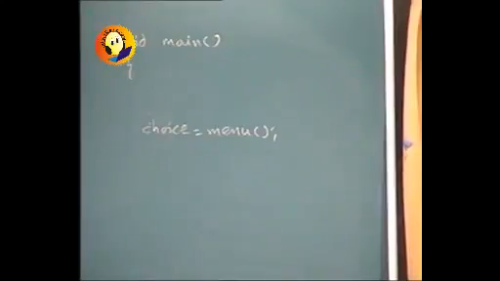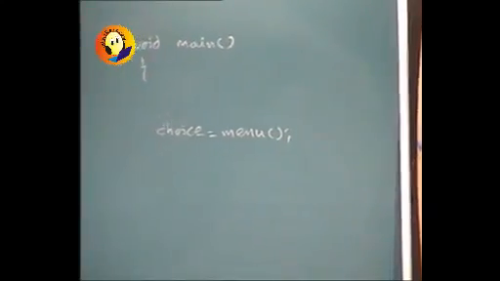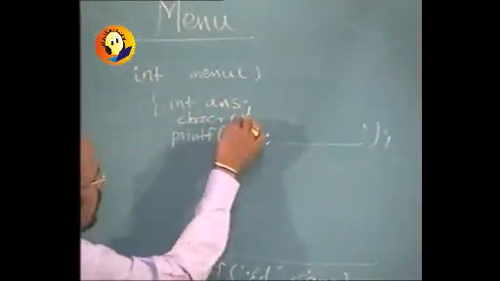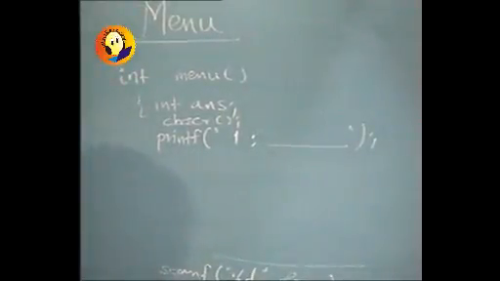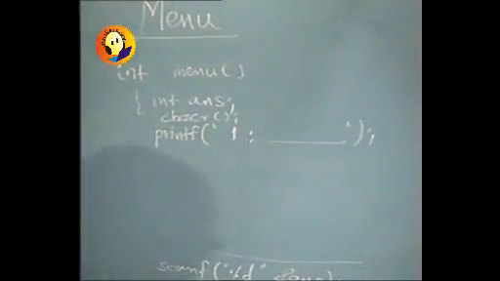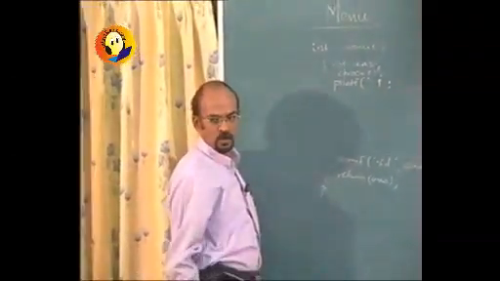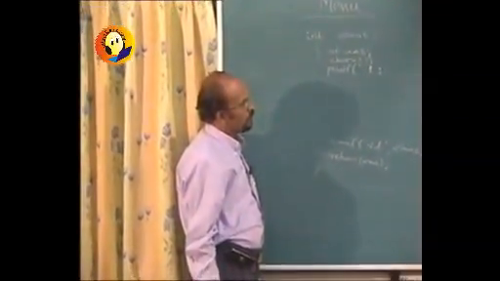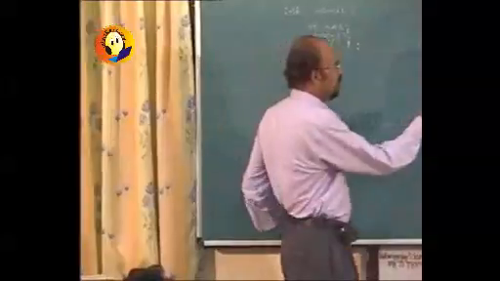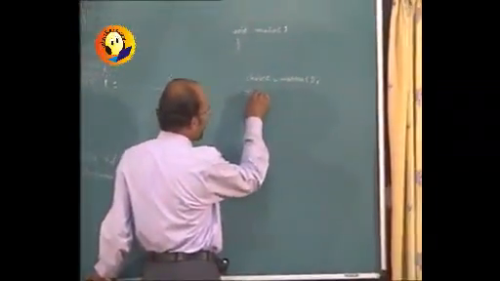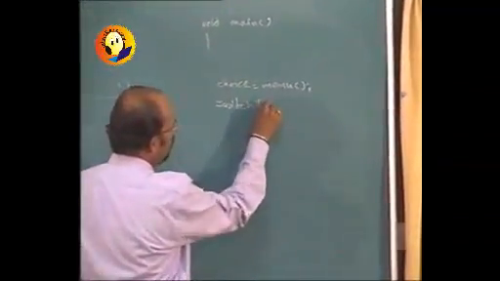Better will be you start with clear screen, so that taking the output phase by phase will be easier rather than continuous. So that whenever menu appears, it appears at the same location. Otherwise it will keep on appearing one after the other on the screen. Of course it is going to be switch on choice.